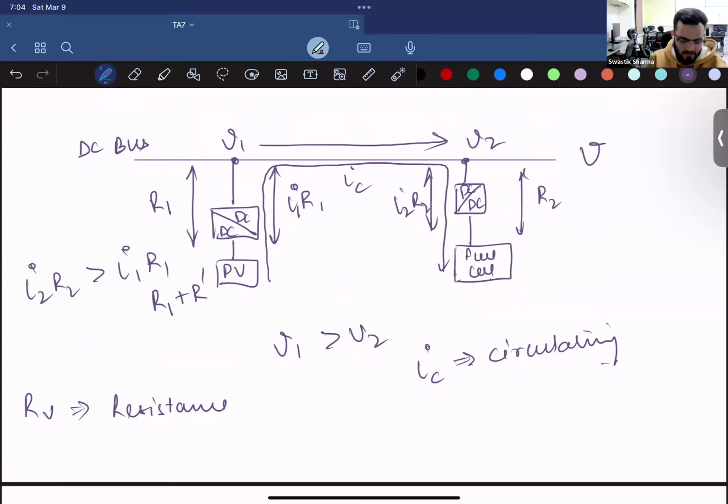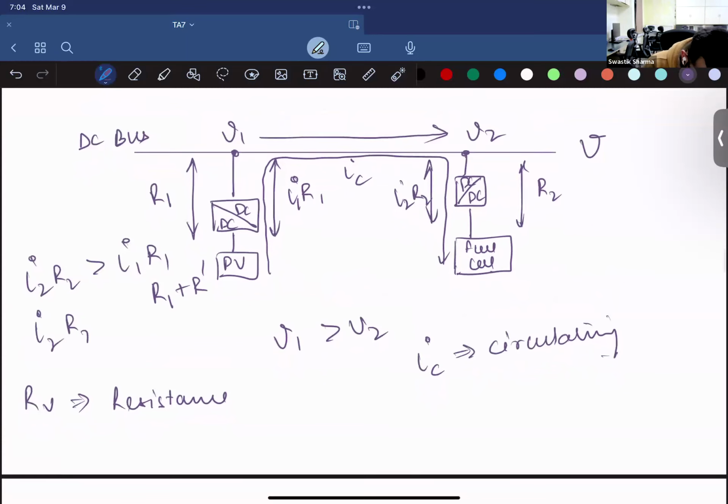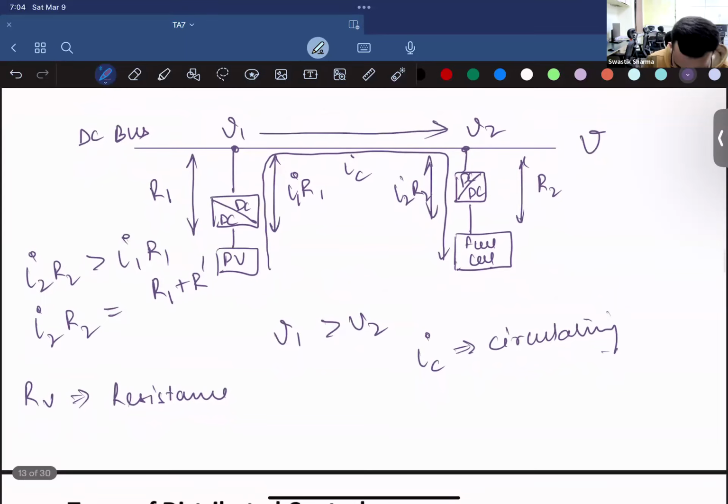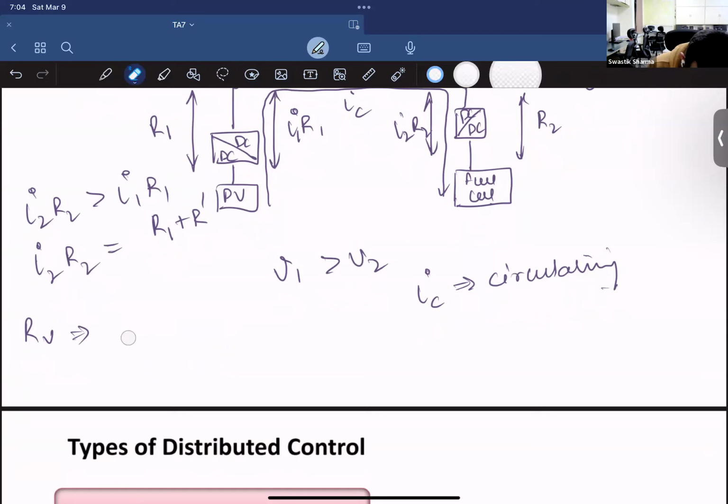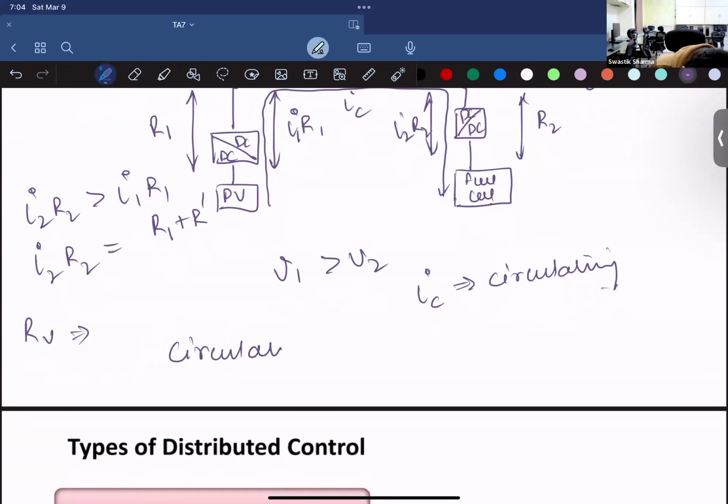If these two match, the voltage drops will also match. Since both the voltage drops are matching, the circulating current will not be there anymore. So adaptively controlling this droop will cause this circulating current to be minimized. So did you get it?